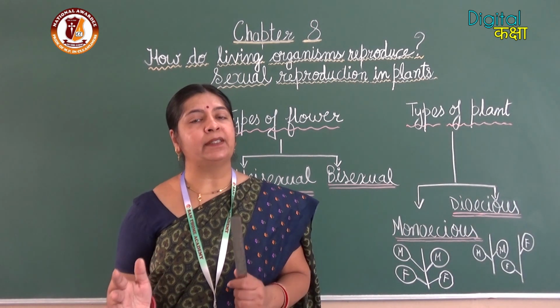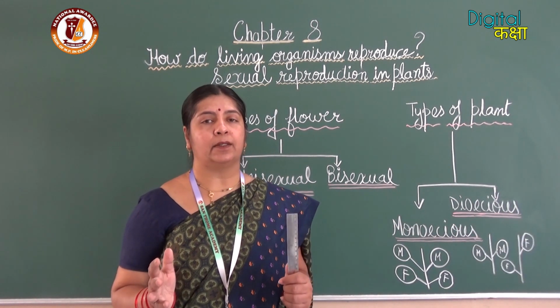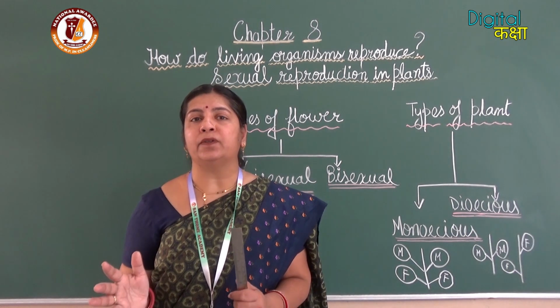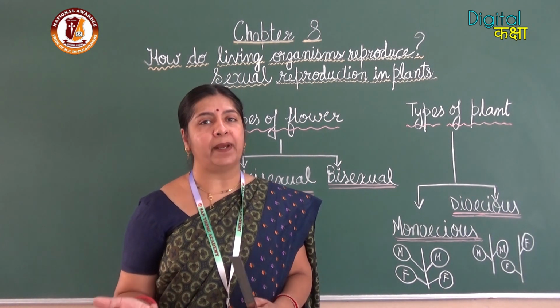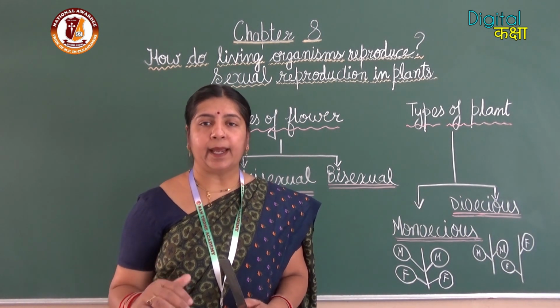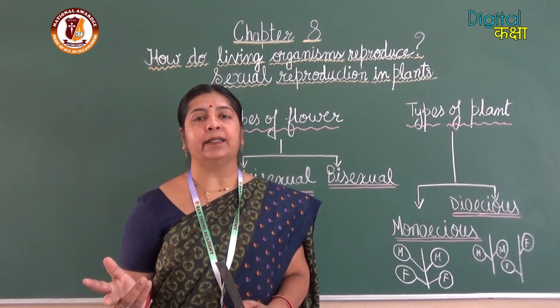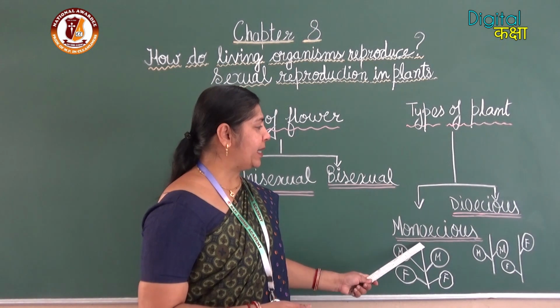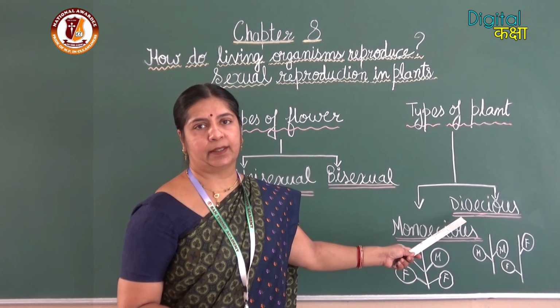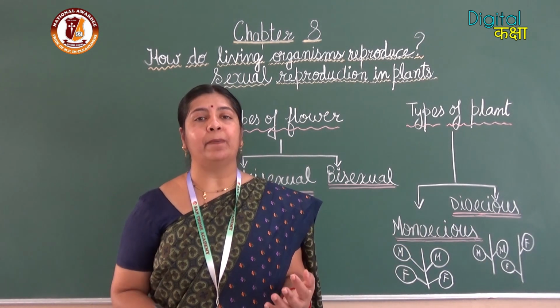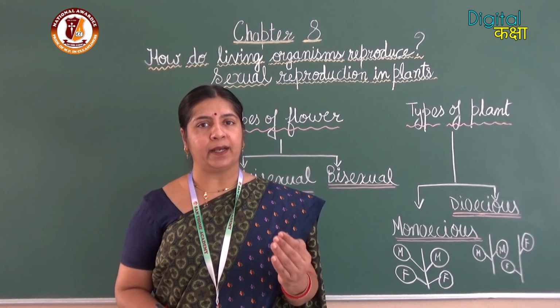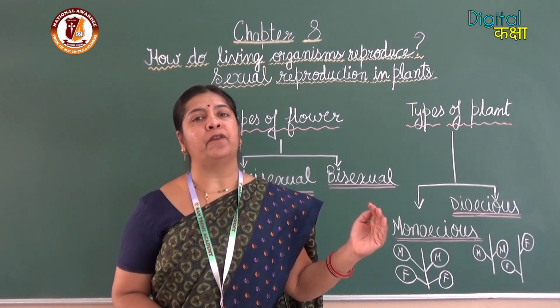After this we will study the plants on the basis of the unisexual flowers they bear. They are categorized under two categories, monoecious and dioecious. Here we are studying the plants which bear unisexual flowers.